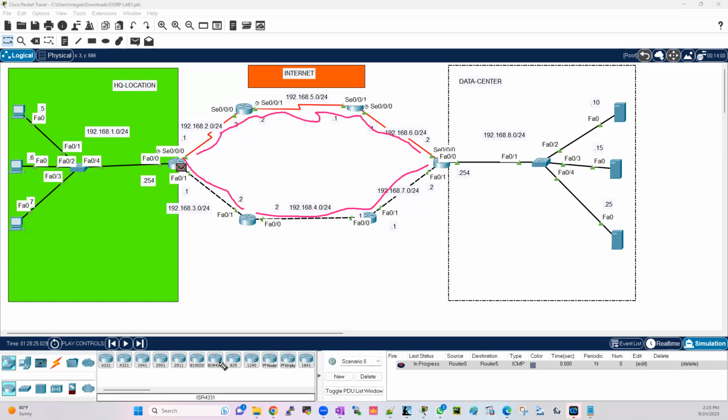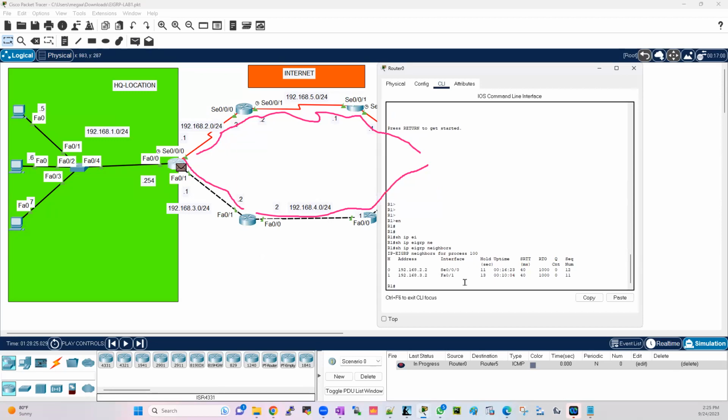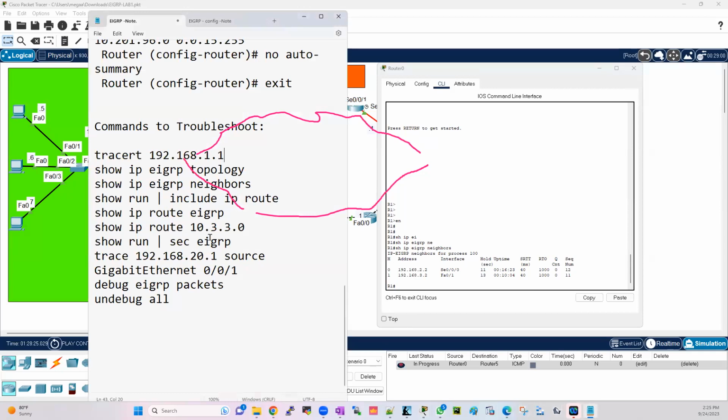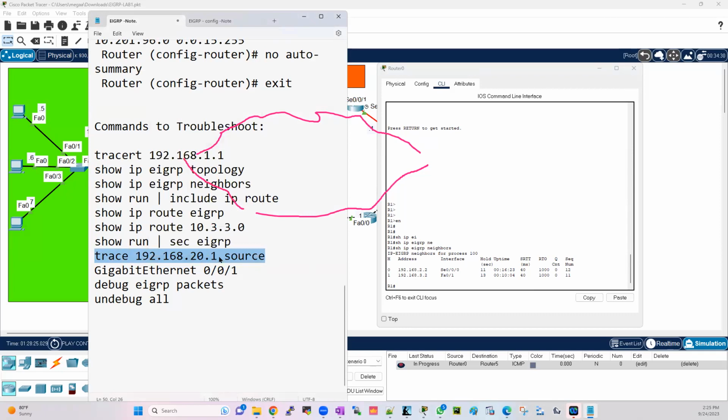So let's go to the router. So we see that we have these neighbors. Then this is the hold time. This is a return. So let's say traceroute. Okay, traceroute to where?